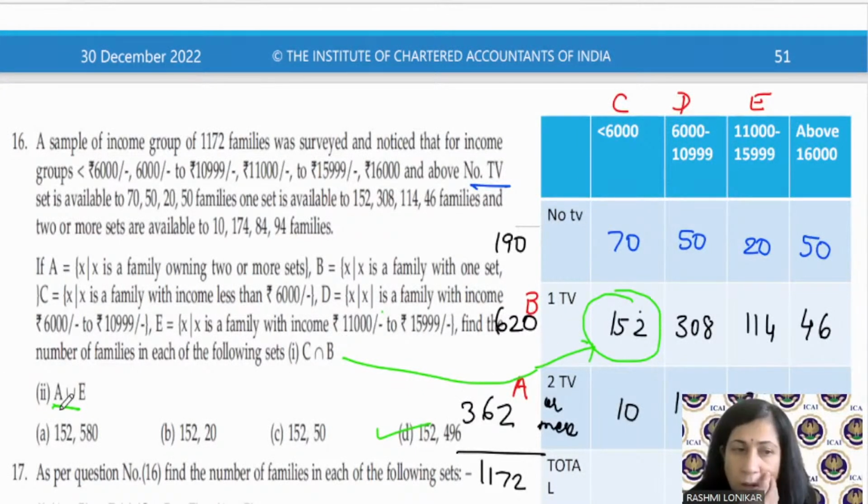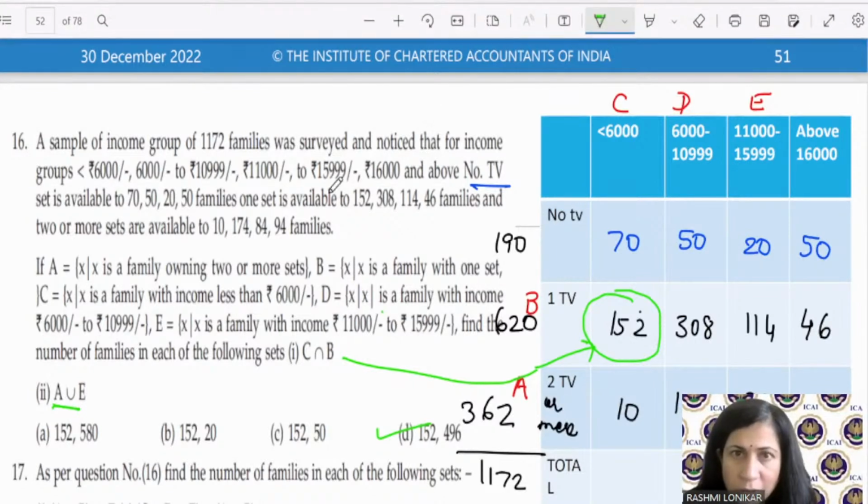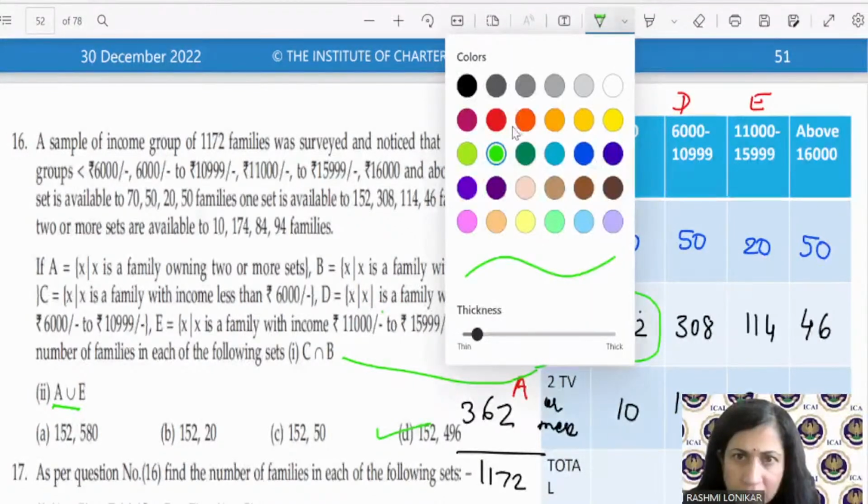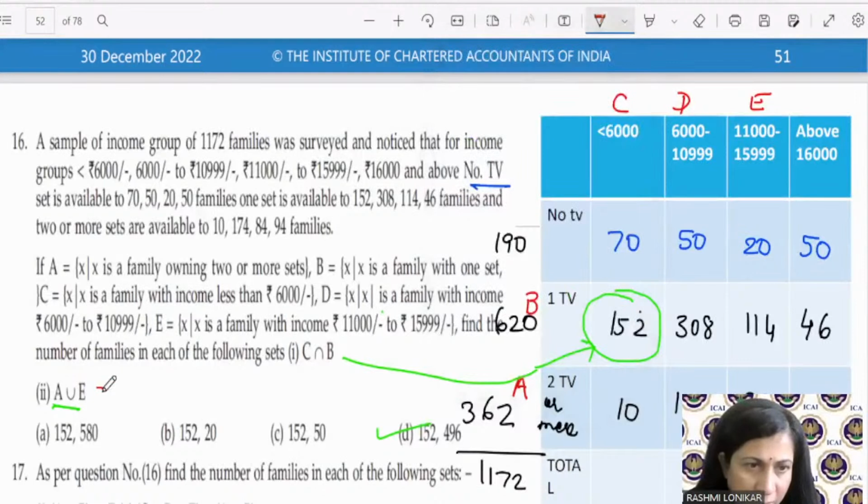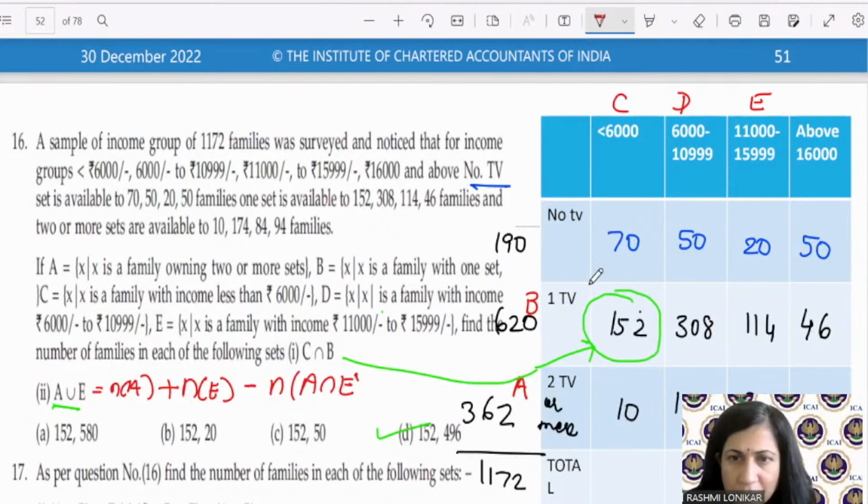Now for A union E, I will use the formula: N of A union E equals N of A plus N of E minus N of A intersection E. What is this 84 representing? It is representing A intersection E. What is N of A?